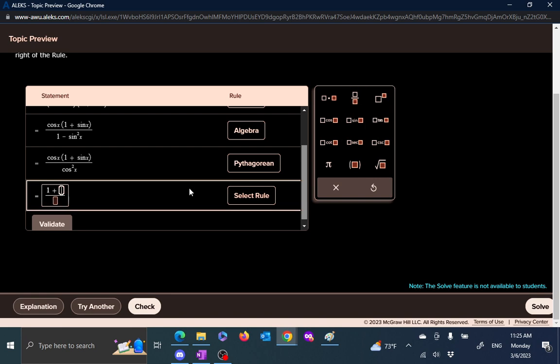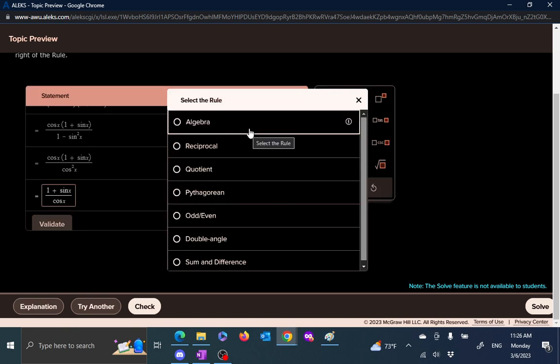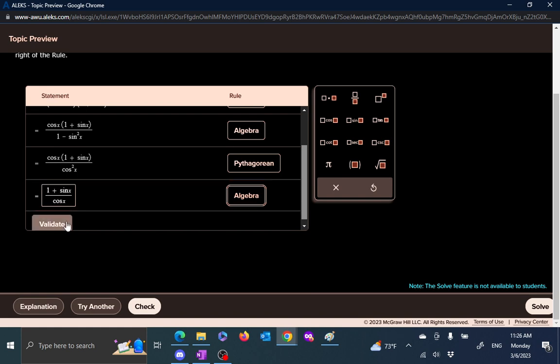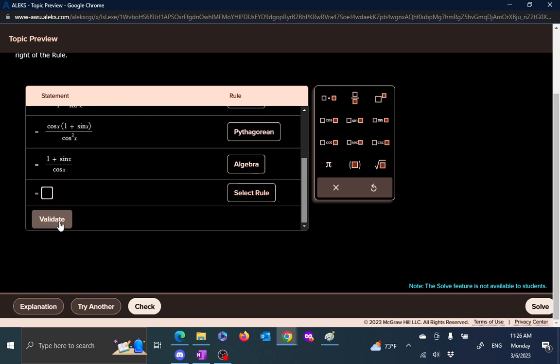So still I have a fraction. I have 1 plus sine of x over cosine of x. We might have been able to do two algebra steps at the same time. We can try it and see if it works. So now I do fraction splitting.